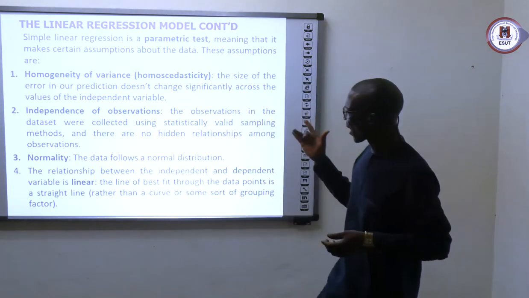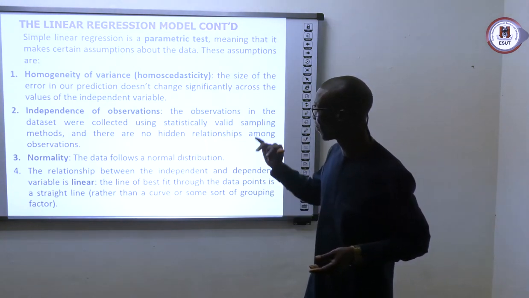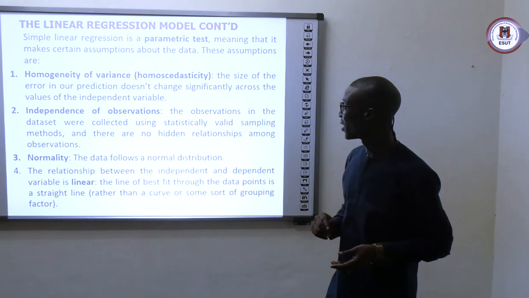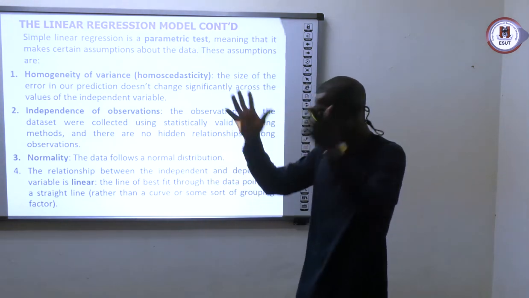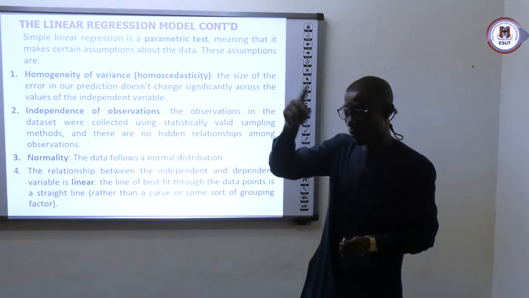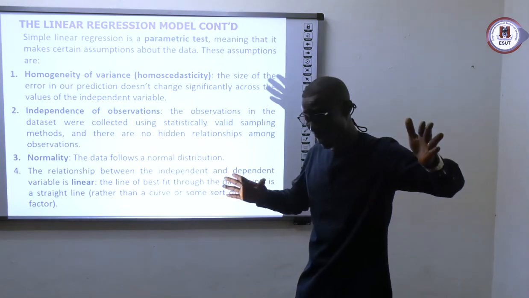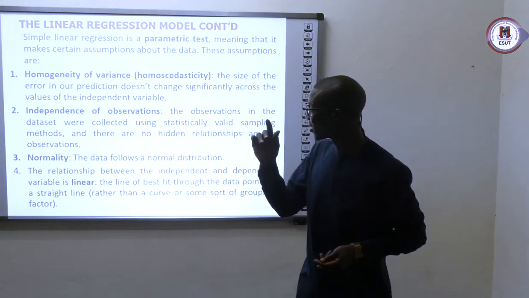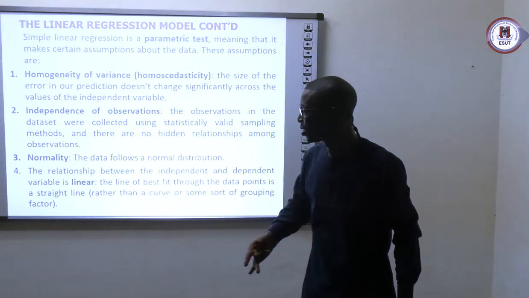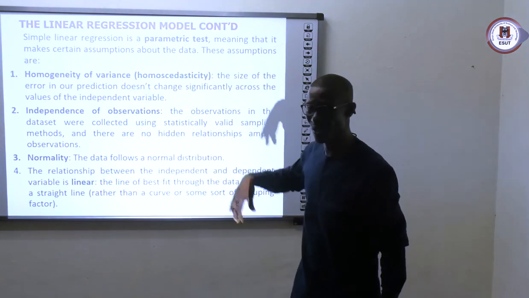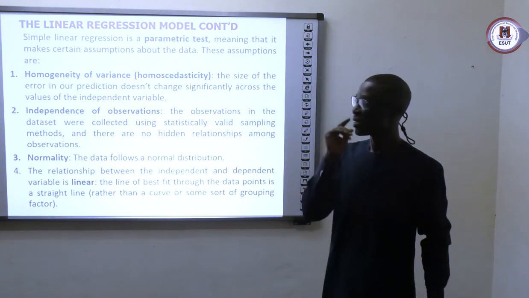One of the fundamental rules of OLS, ordinary least squares, the conventional method of regression analysis, is that all the error terms that accumulate into the bigger error term in regression must have constant variance. So they must not vary over time. Their variance must be unity. In a situation where they have a wider spread of variance, it means that the fundamental assumption of regression analysis has been violated and the result obtained is biased.